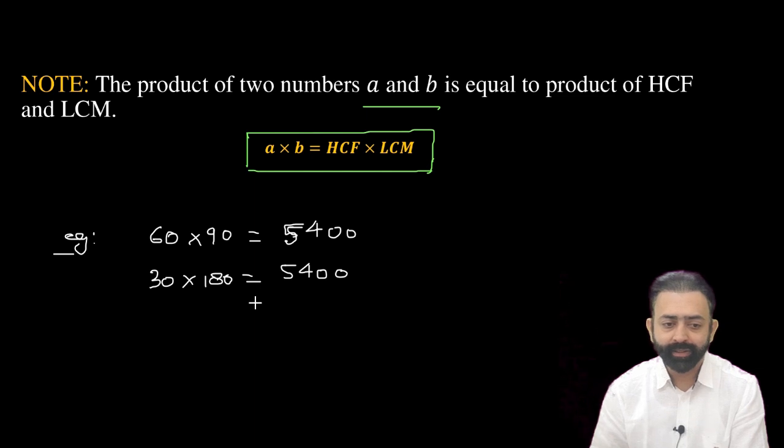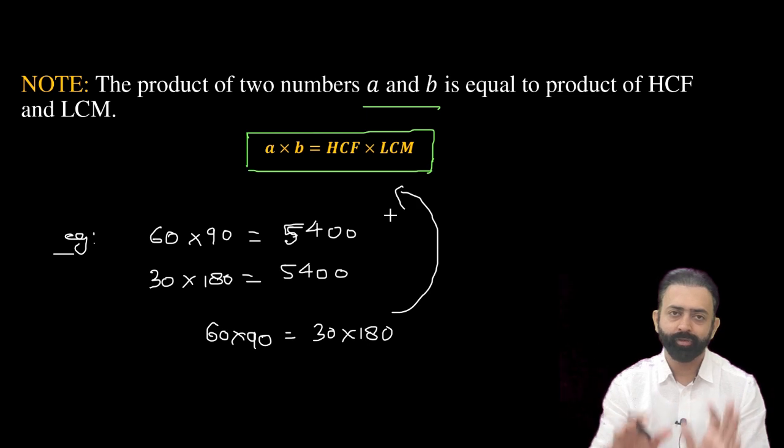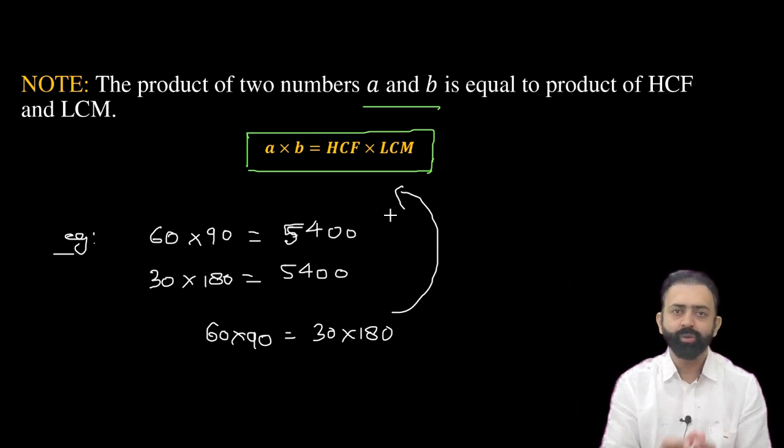It means that 60 into 90 is in fact equal to 30 into 180. It means it satisfies this equation or relation. So for any given two numbers, the multiplication of the two numbers is equal to the multiplication of HCF and LCM.